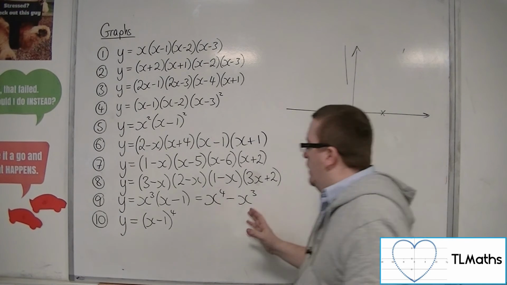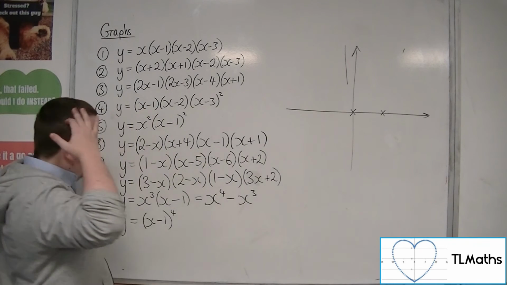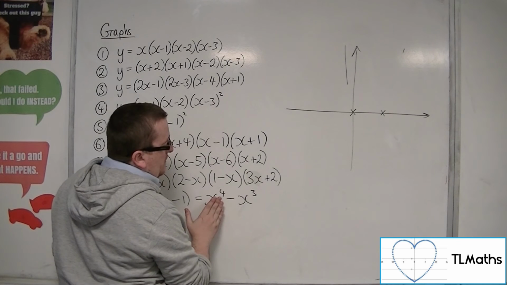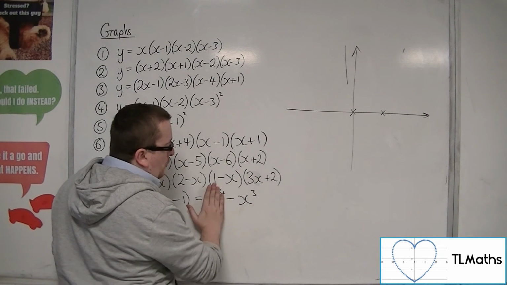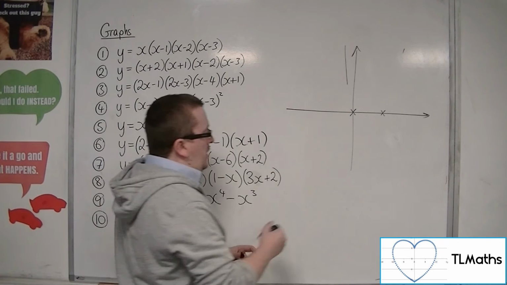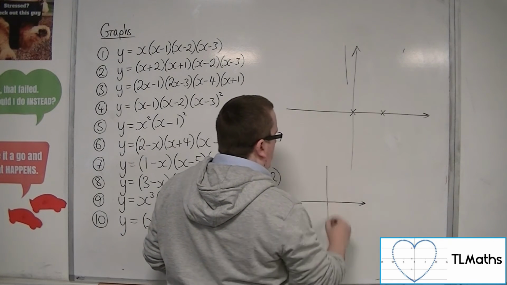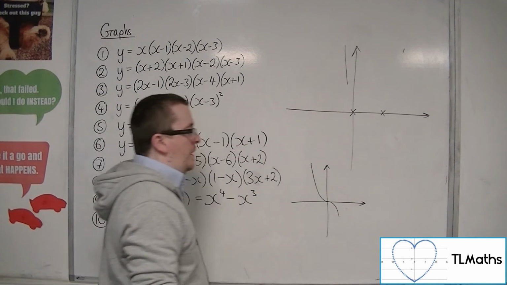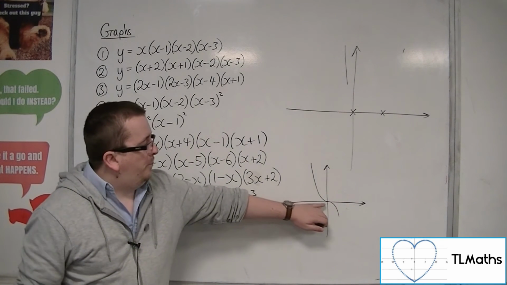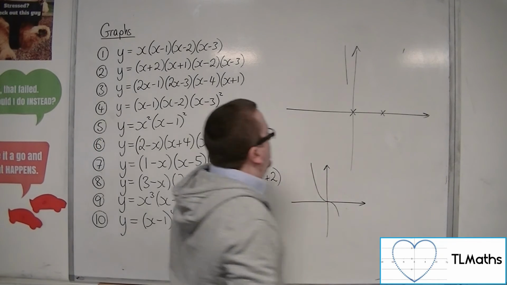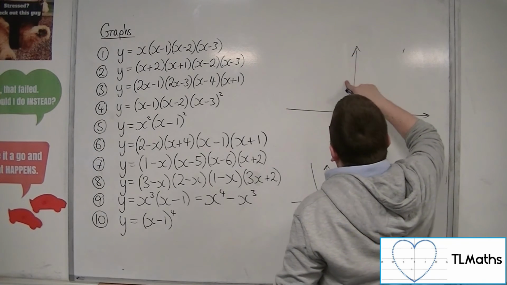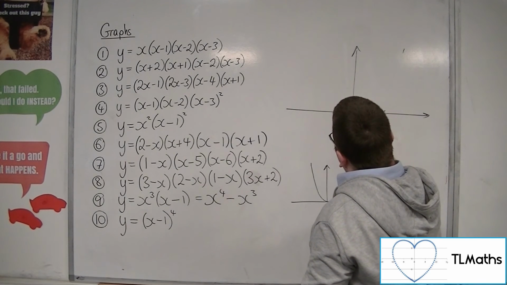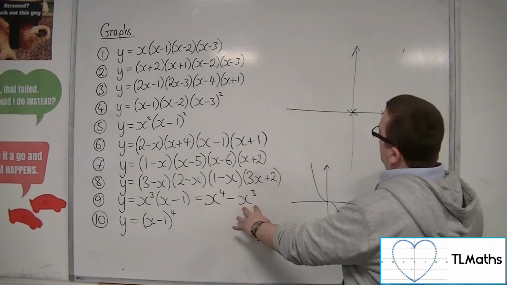So this curve close to 0 is going to look more like minus x cubed than it will x to the 4. So minus x cubed is a curve that looks like this. And it has this point of inflection at 0. And this curve does too. So there is a point of inflection at 0 because of how this curve behaves.